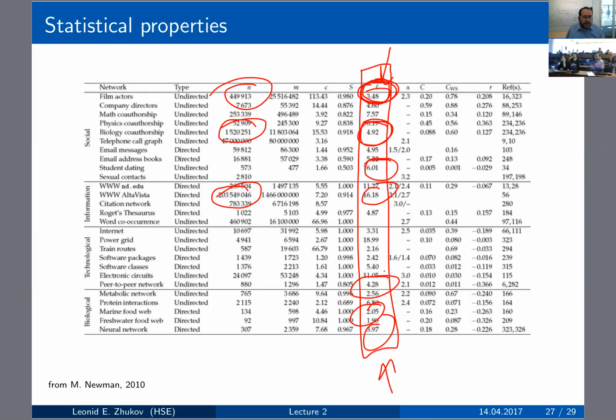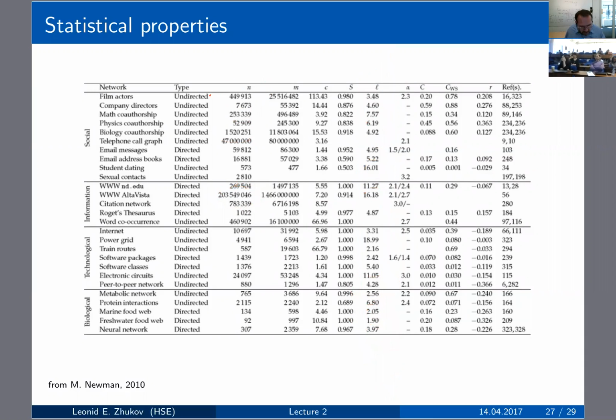And what we did today is we looked at these metrics. We looked at the average path length. We looked at the metric that tells you about the power law distribution, and we looked at these two, which are clustering coefficients.